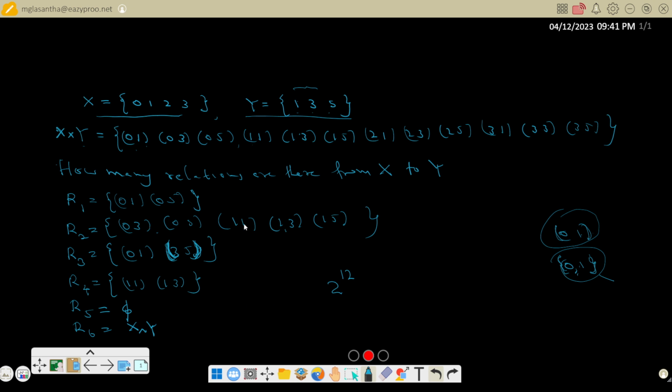Here you have only 1, 2, 3, 4, 5, 6 relations listed, but you can write 2 to the power of 12 relations in total. How did I pick up this 12? Can you tell me?